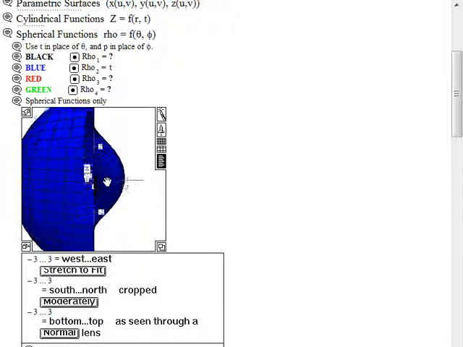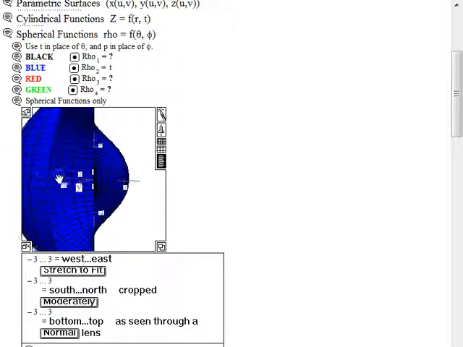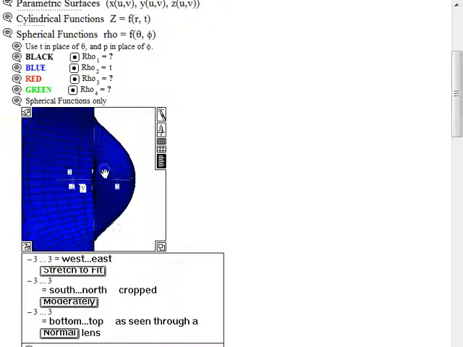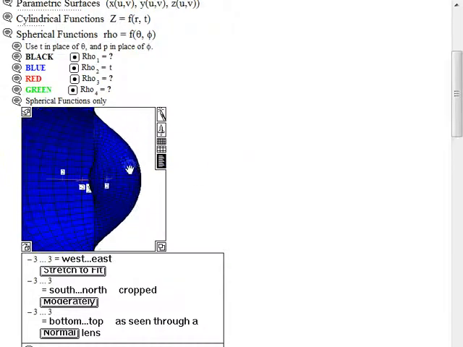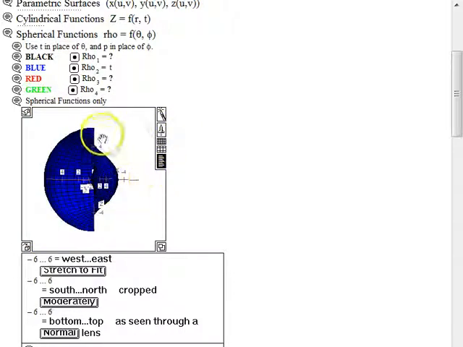Oh, this is interesting. How to best describe this? You see that circle right there? That's for theta equals 2 pi. So rho is 2 pi throughout that whole circle.